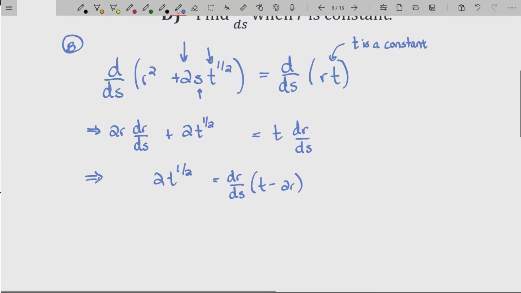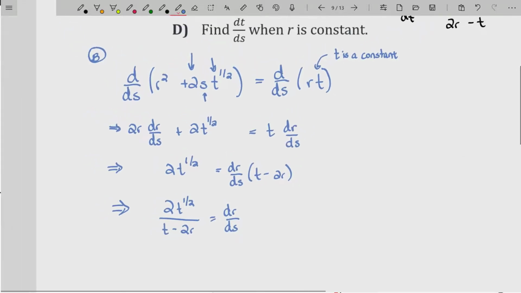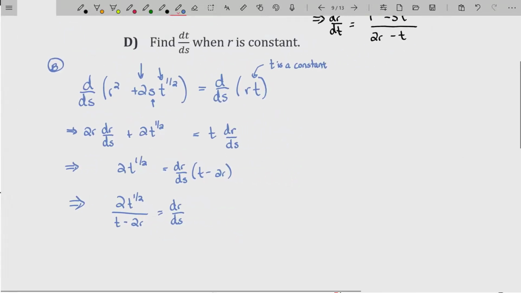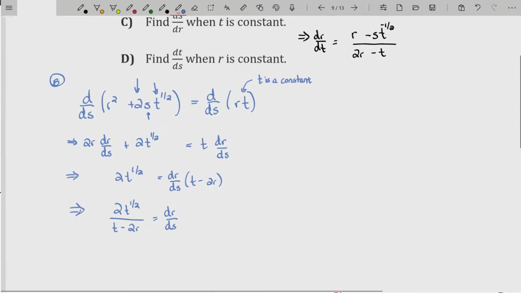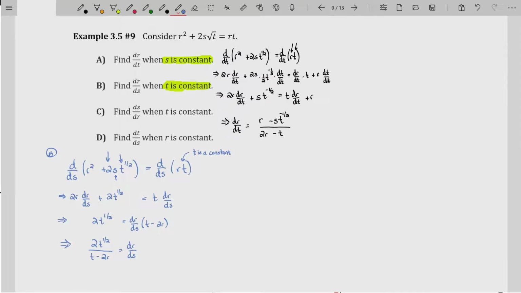And then I'll divide both sides by t minus 2r. So this is what we get. If you need to slow down on the algebra, then pause and do it by hand, and you'll see that's correct. So there we go. That is the derivative of r with respect to s, given that t is constant.